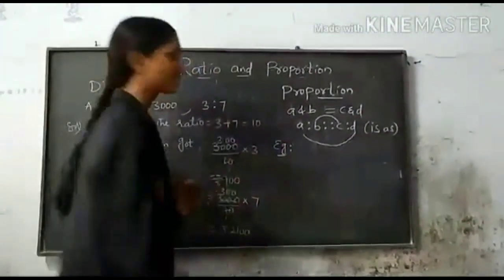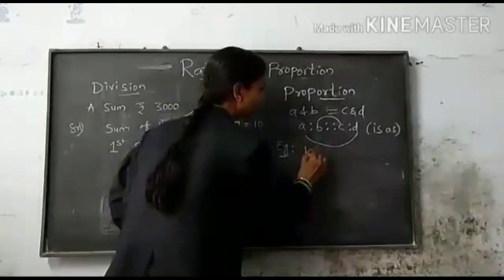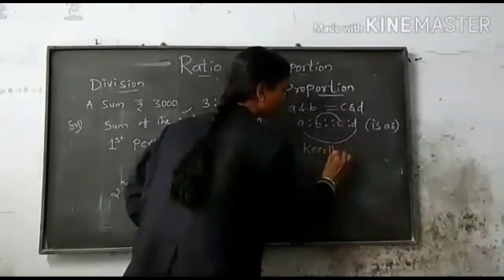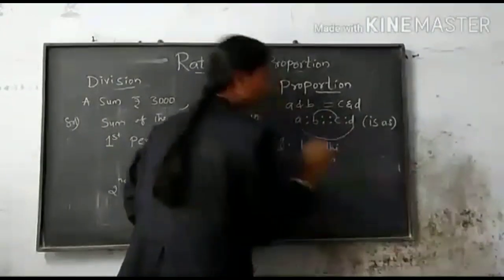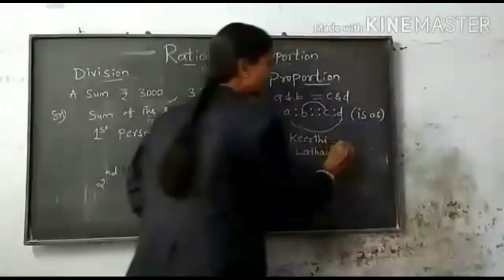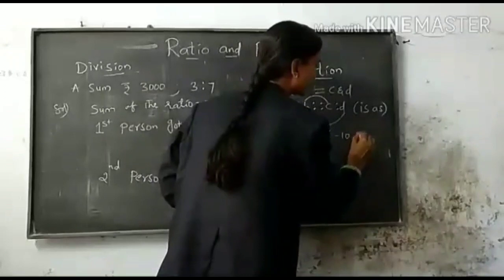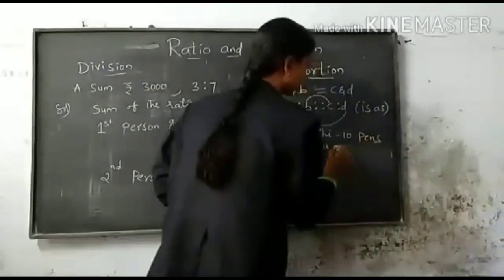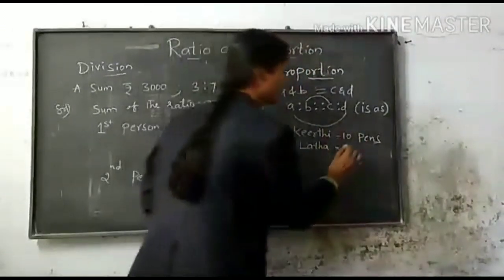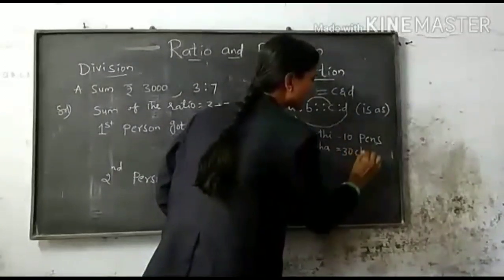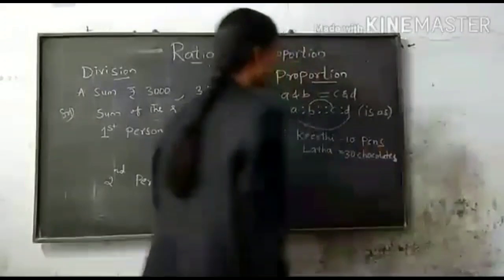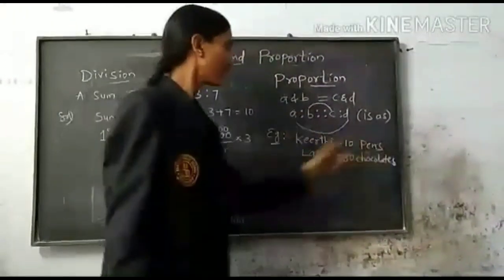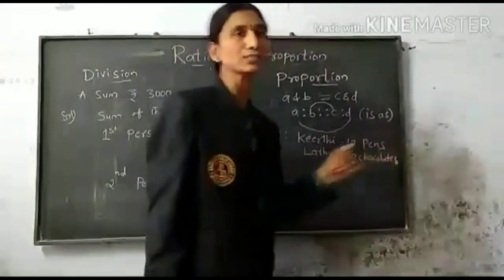Two members are there, Kirti and Lata. With Kirti, 10 pens are there, and with Lata, 30 chocolates are there.